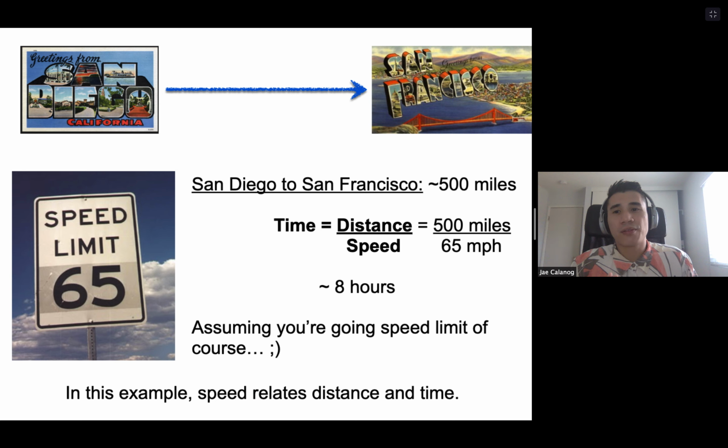So going from San Diego to San Francisco, if you put that into a map app like Google Maps, it'll probably say it's about 500 miles, give or take.